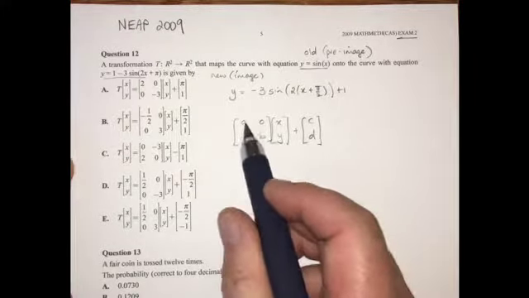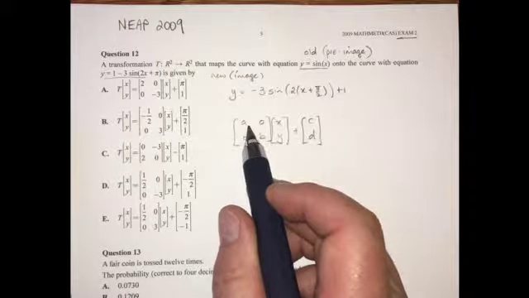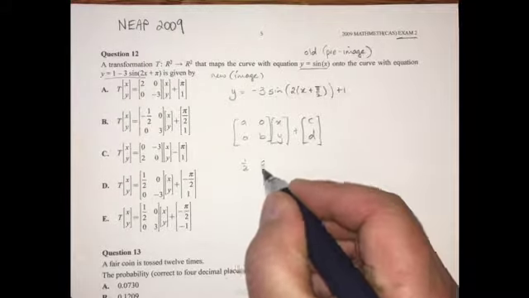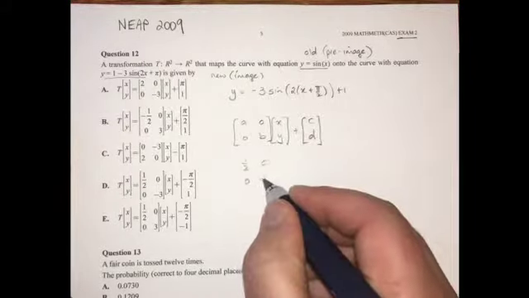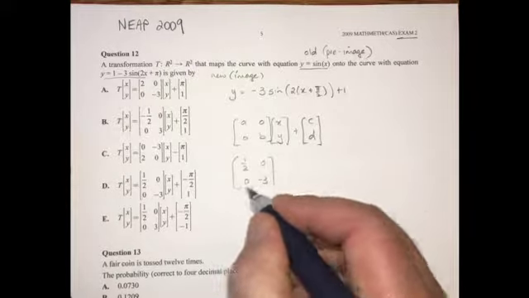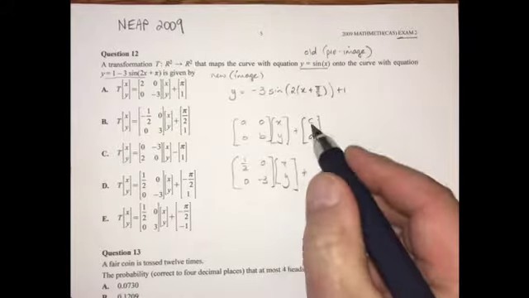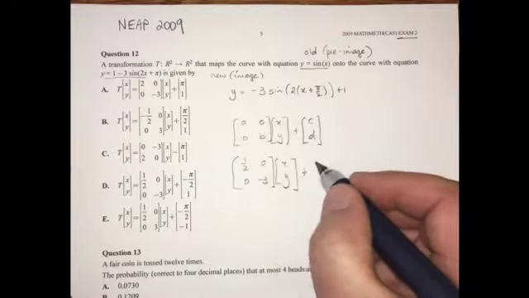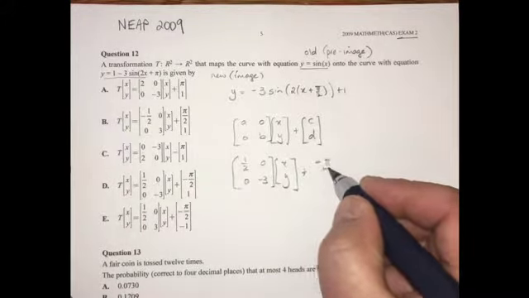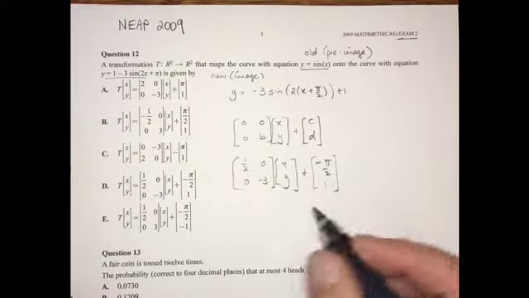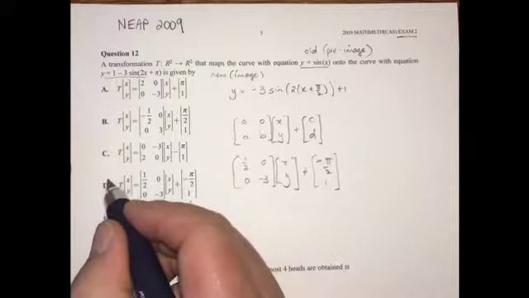We could say that a is a dilation factor from the y-axis, so that would need to be a half. That's this part here. This b would be minus 3. The c would need to be negative pi on 2, and d would need to be 1. And so we get a solution of d.